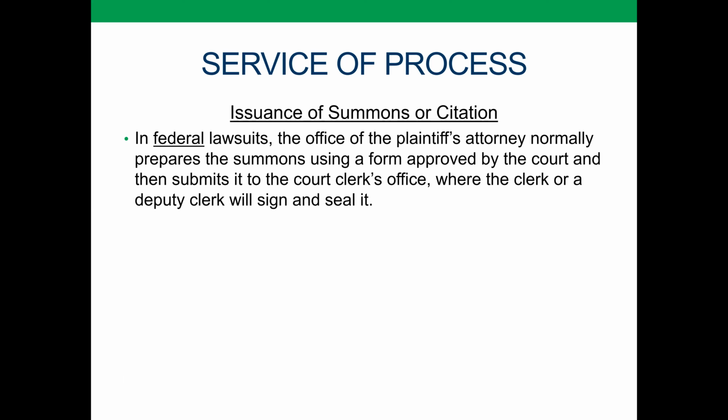And then once it's all been filled out with the required information, that will be submitted to the court clerk, who will then sign it and place the court clerk's seal on it. And then that makes the summons, quote unquote, issued, and now it's ready to be coupled with a copy of the complaint and delivered to the defendant.